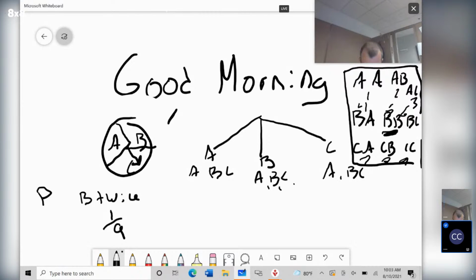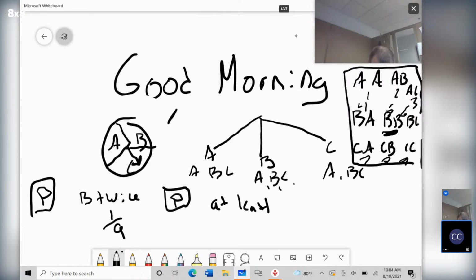Okay. Then what about the probability, and P is going to be probability. So when you see a P right here, that means the probability. And the next one, of at least one A. We know we spun it 9 times, so 9 is always going to be the bottom number.